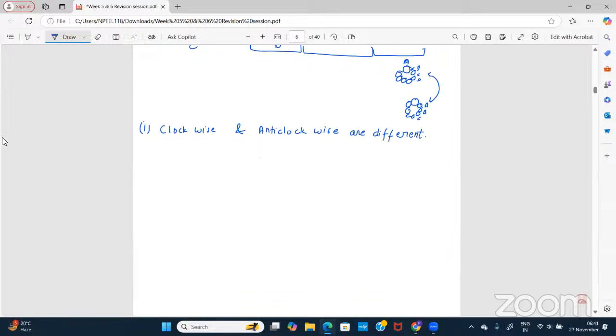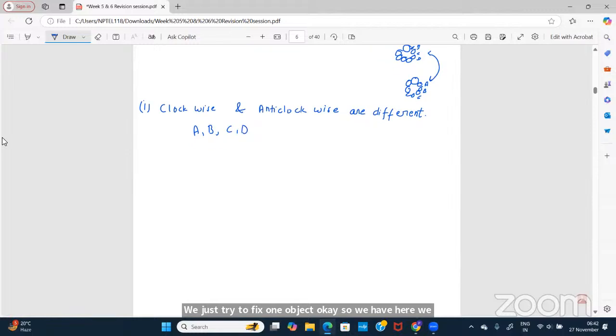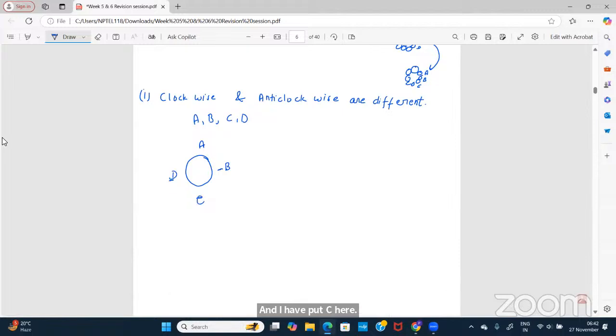So in circular rotation, what we do is we try to fix one object. We have four objects A, B, C, and D, right? So we fix one item and we try to arrange the remaining three. So we will fix one item and arrange these three. Suppose I have fixed B here and I have put C here, then D here.